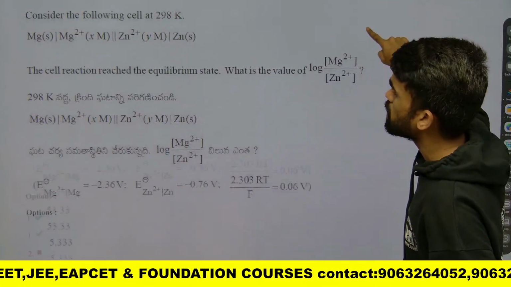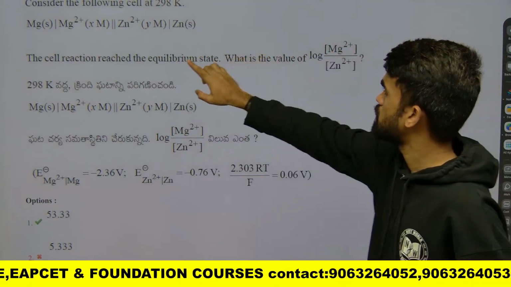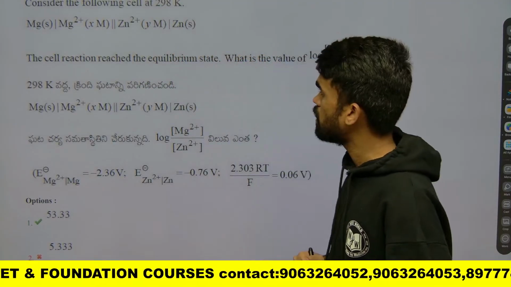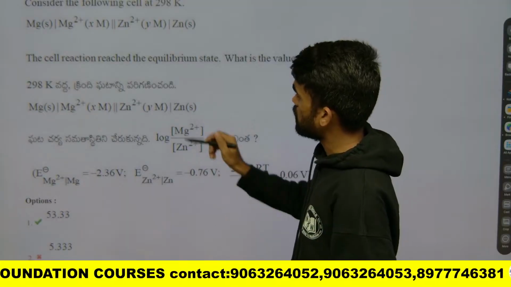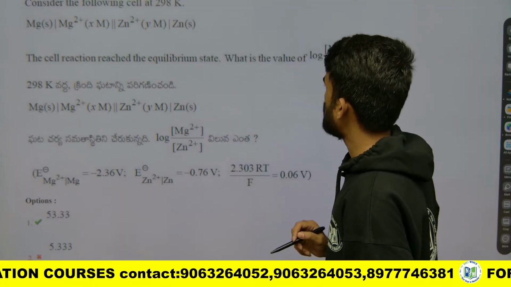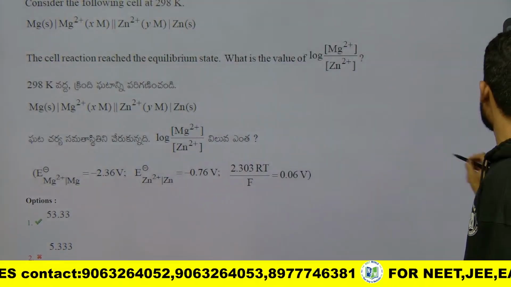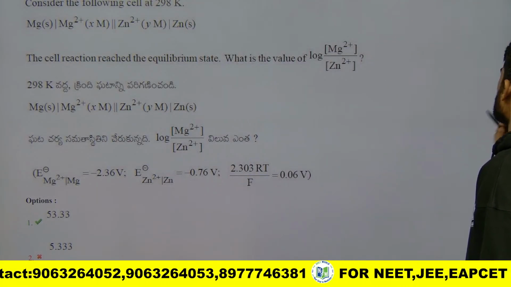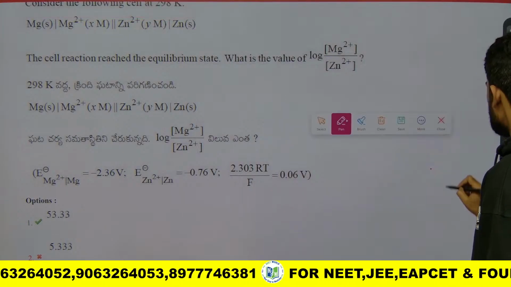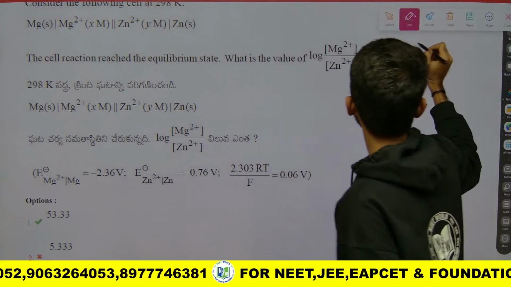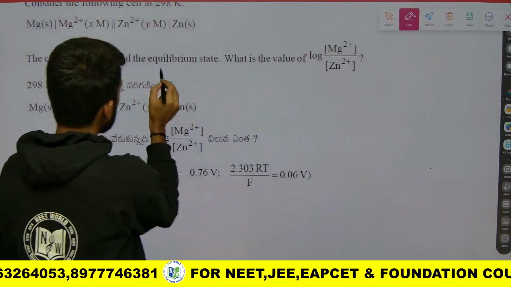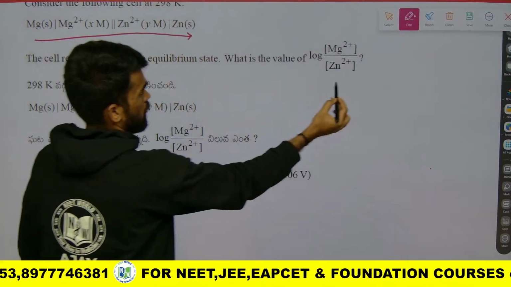Here we have, consider the following cell. This is a cell given here. The cell reaction has reached the equilibrium state. What is the value of the concentration ratio of Mg2+ to Zn2+? It is very easy. This is a cell reaction, and they are asking about this.